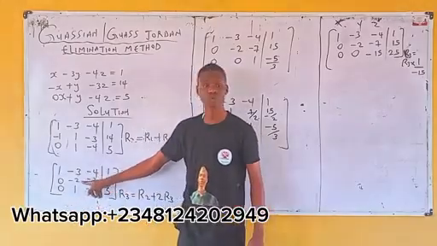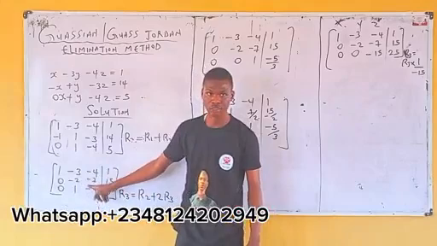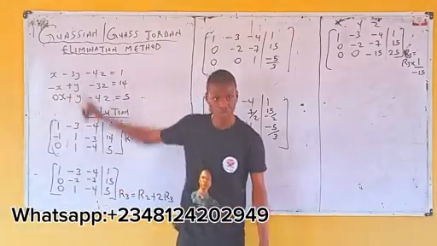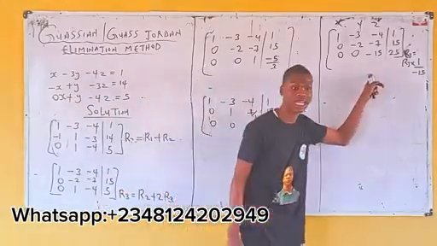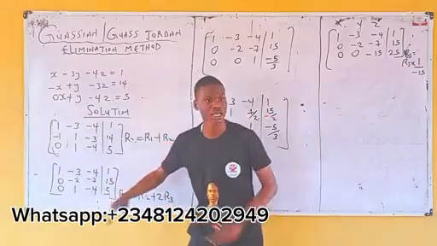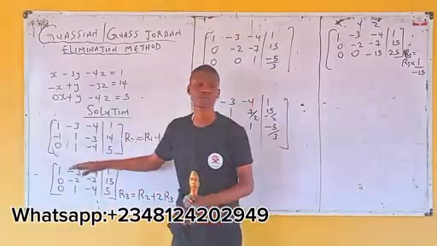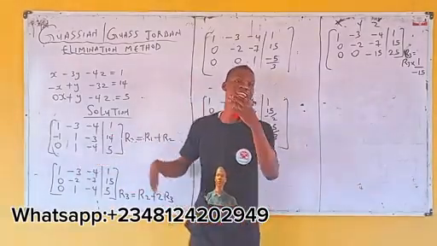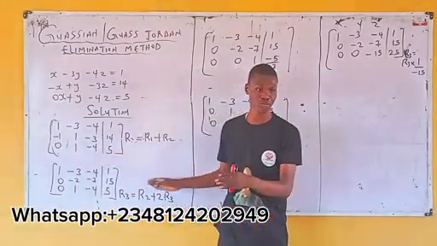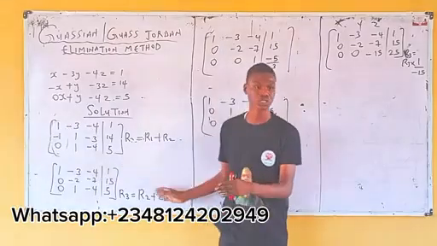This negative 2 is our pivot, right? The number under it, we change to 0. But this one here now, the same way you did it, it's like you did forward and backward. Let's say from state 1 to state 2. Are you getting me? From state 1 to state 2.